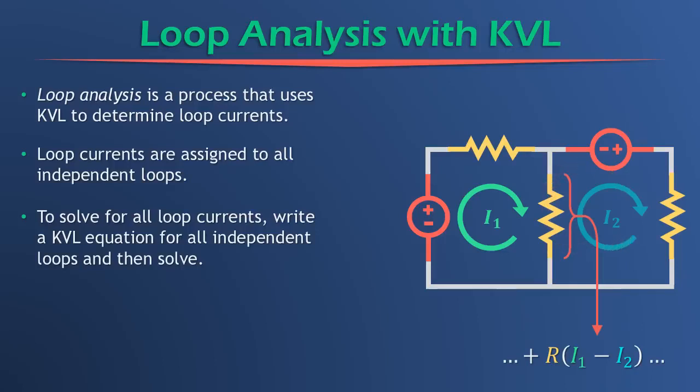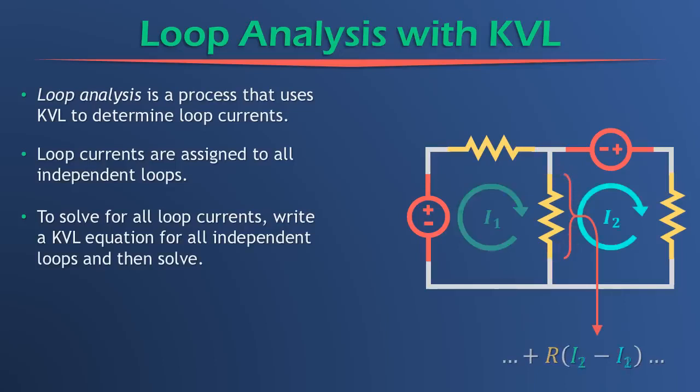So I1 is in the positive direction, so we have a positive I1 minus I2 because I2 is going in the opposite direction of I1. So R times (I1 minus I2) is the voltage across this resistor.